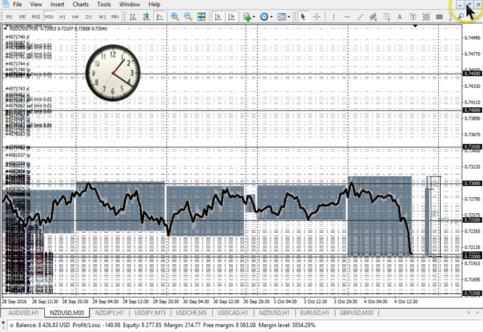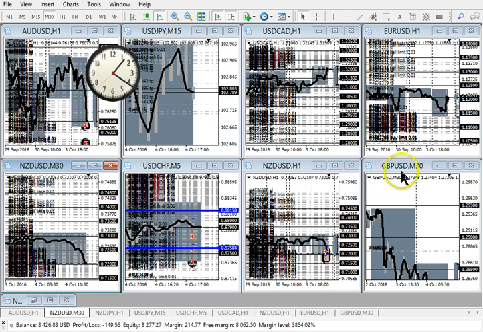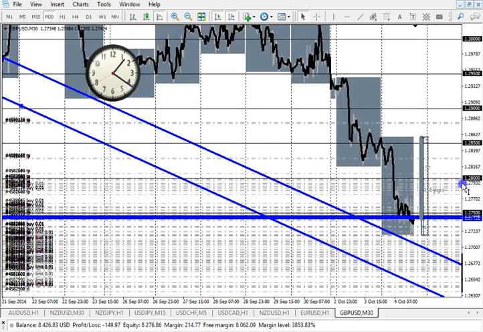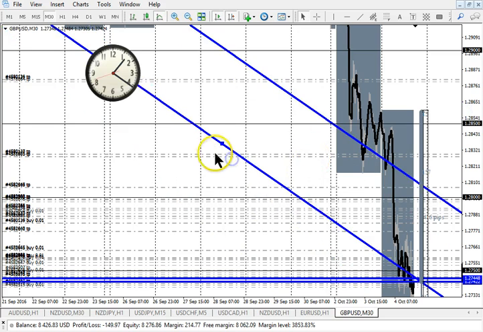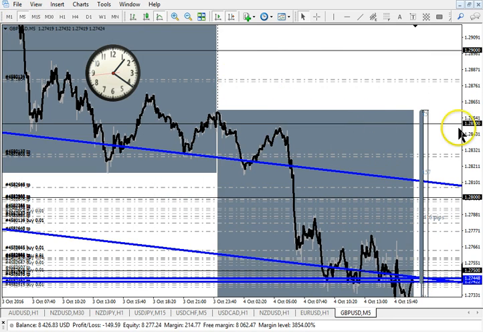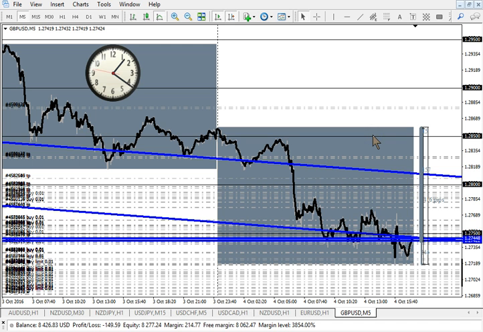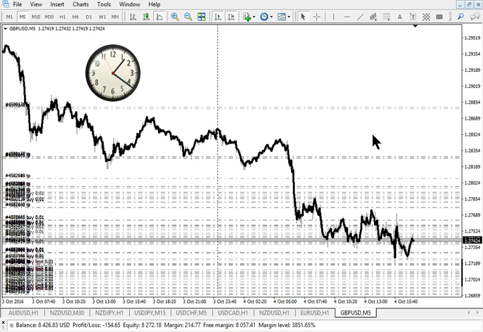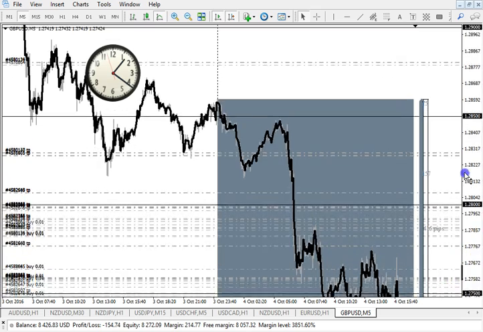I can't enter any more orders on this thing. Here comes the British pound on the 5 minute. If they trapped anybody. So I'm always scanning the market to see how people are doing here. See who's getting hurt.